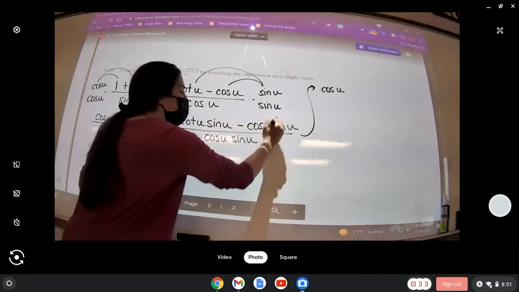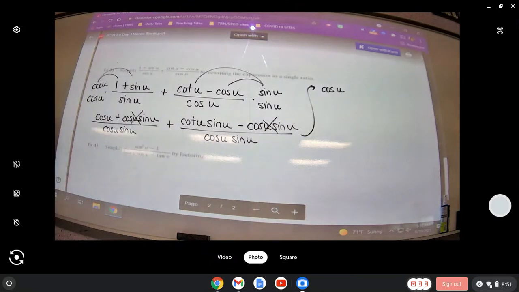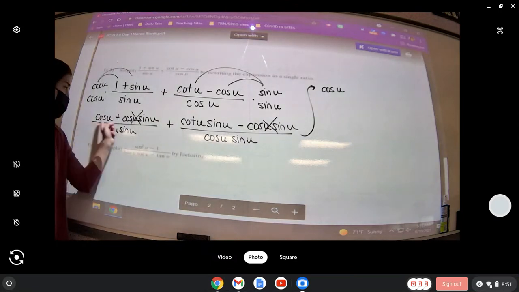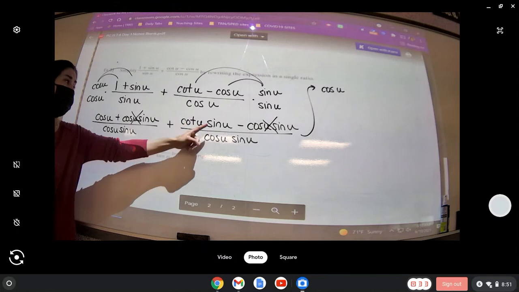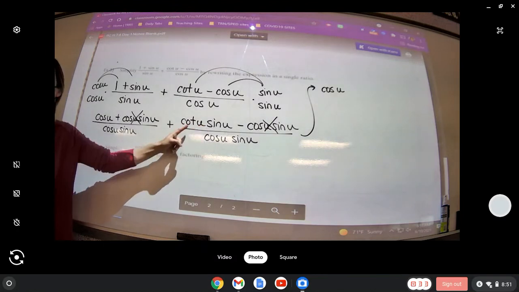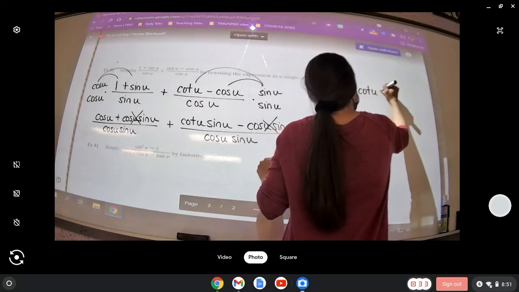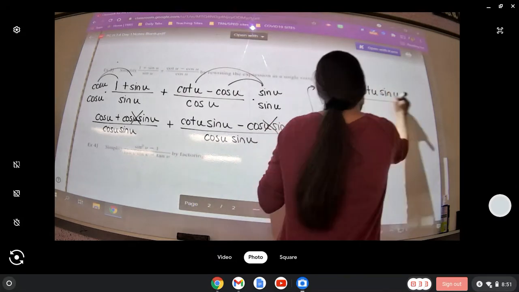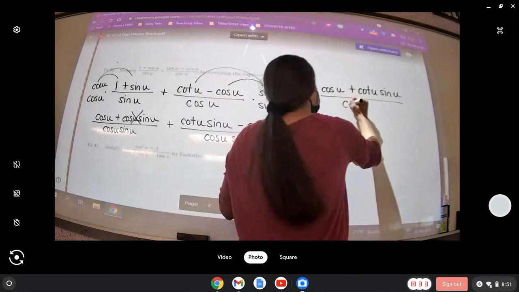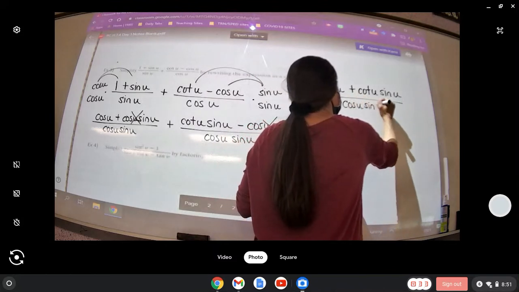They're going to cancel out. And then I'm going to have nothing on this side to add with that cotangent u sine u. I'm just going to have that positive cotangent u sine u, all over my common denominator of cosine u sine u.